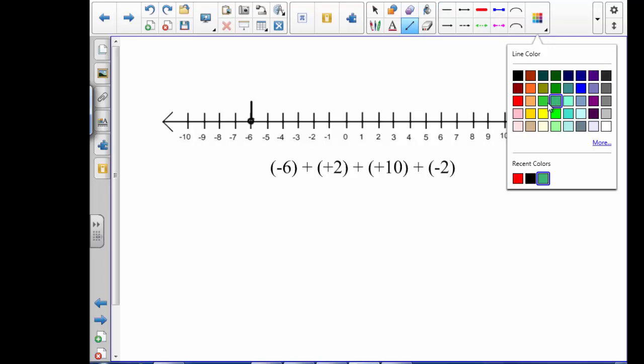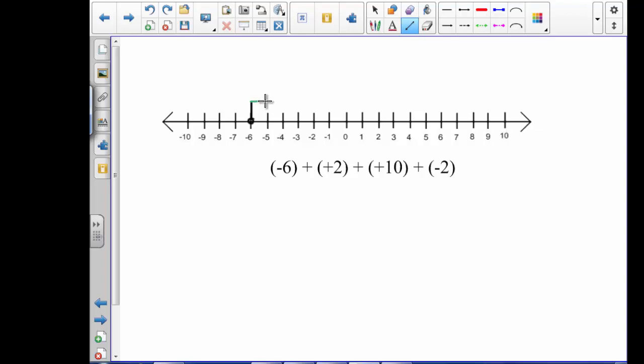So I'm using the green color, and I will start to count 2 steps to the right. 1 and 2. I go up a little bit because there is another operation. I'm adding again. I'm adding what?